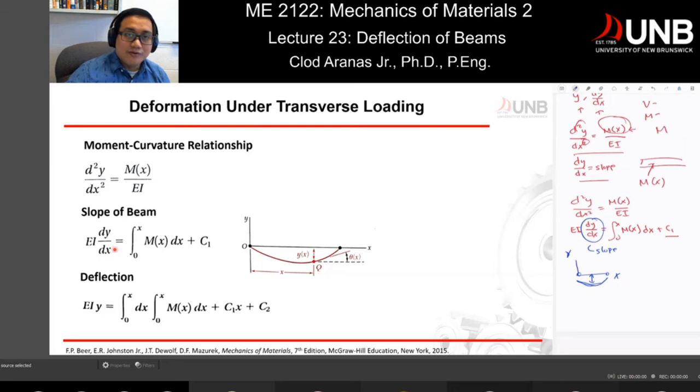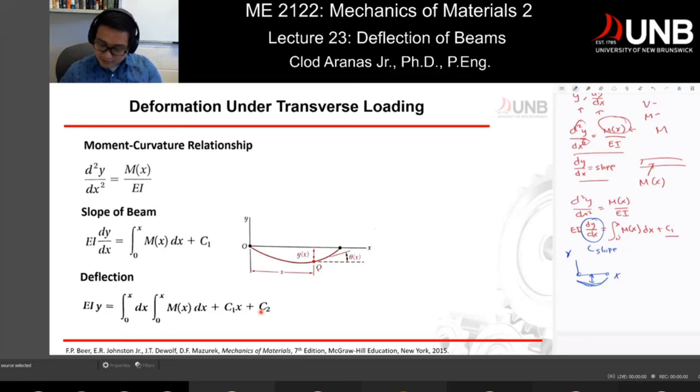So we have now, instead of dy over dx, just y. Now we integrate it twice, so we have integration from 0 to x dx, and from 0 to x, again, Mx dx. So you integrate this equation twice, and then you are left with two constants of integration. So now your C1 becomes C1x, and this one becomes C2. So let's write that down.